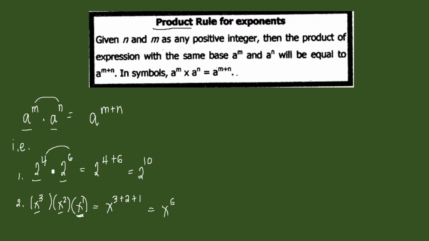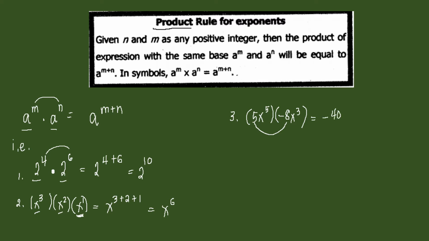Okay, let's have another example. Let's have 5x to the 5th power times negative 8x cubed. This is a more complex example because you already have numerical coefficients. What will you do? Of course, for the numerical coefficients, simply multiply them. So you have 5 times negative 8, which is negative 40.